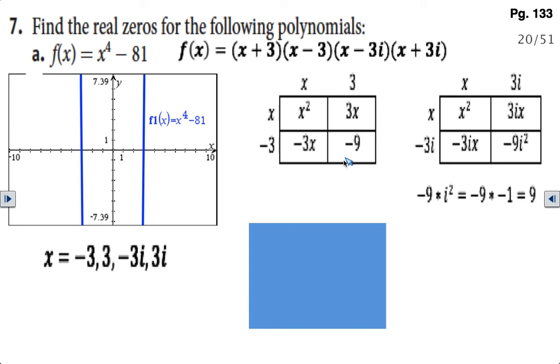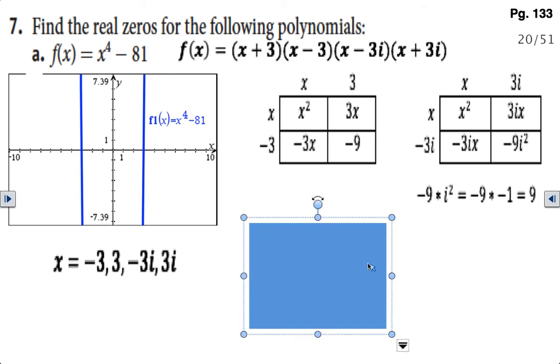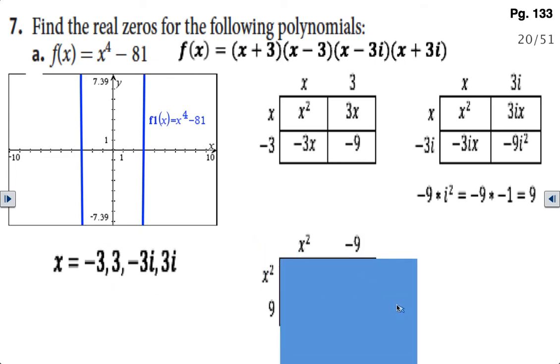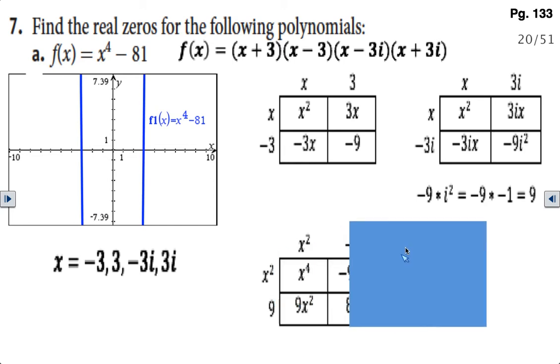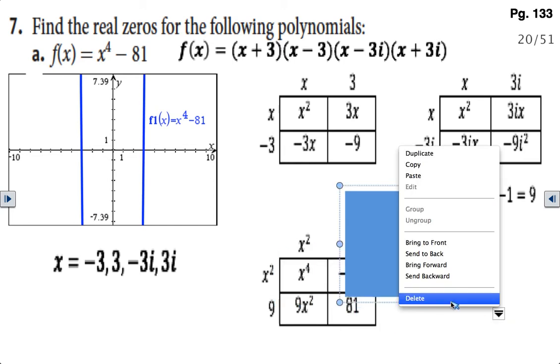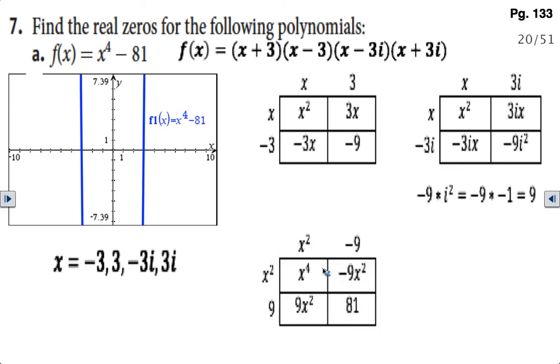So when we are multiplying our solutions here with the solution here, what we end up getting is we have x squared minus 9 from this one, and then over here we have x squared plus 9 from over here. Okay, when you factor all those together, those are the terms you get.